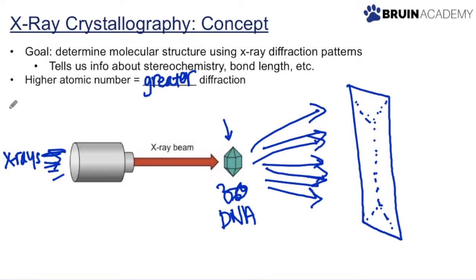And the reason for this is, if you remember from Gen Chem, the greater the atomic number, the greater the number of electrons, the bigger the electron cloud, and so you have more electrons you're dealing with, so this leads to more diffraction. And so that's something to keep in mind. And the reason we do X-ray crystallography is it tends to be very helpful for small types of molecules where, again, NMR and IR don't really provide us with as much information as we would like.